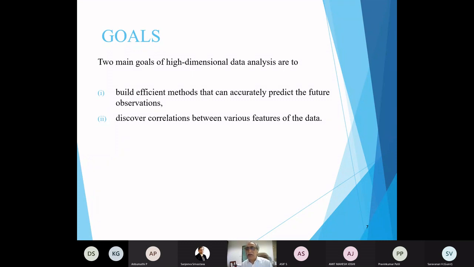Now the objectives or the goals of this high dimensional data analysis tend to be to build efficient methods that can accurately predict future observations, or to discover correlations between various features of the data. With 19,200 features, there must be multicollinearity between them, so they must be correlated with each other. For a given patient, given that there are 19,200 proteins, they must be interrelated with each other.